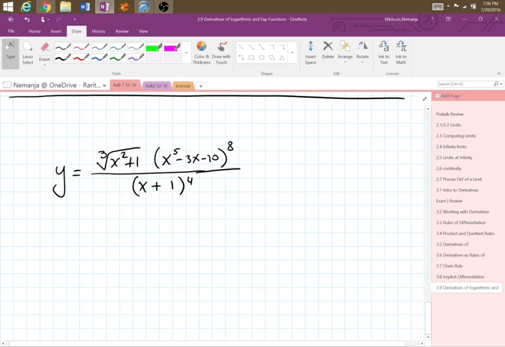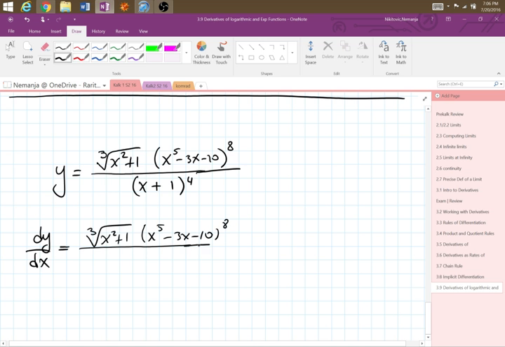So now let's solve this problem together. What's the derivative? The derivative must be the problem as is, which is the cube root of (x squared + 1) times (x to the 5 minus 3x minus 10) to the 8, divided by (x + 1) to the 4th, times. And now we start.